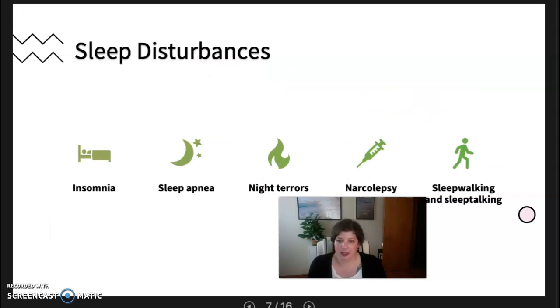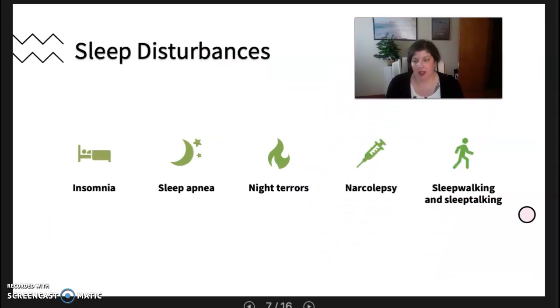Okay, so some things that can disturb people's sleep. Insomnia is where people just have problems sleeping. That can be for a lot of different factors, but obviously it has to be taken care of at some point because people can't have long-term sleep deprivation.